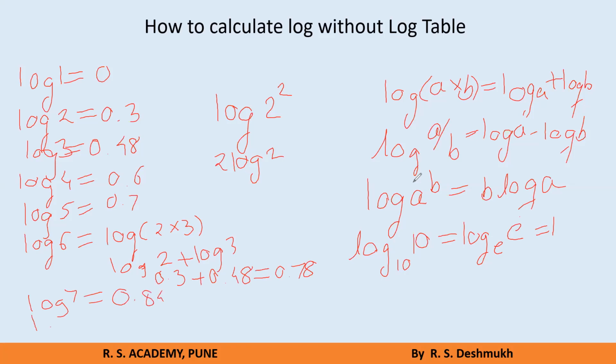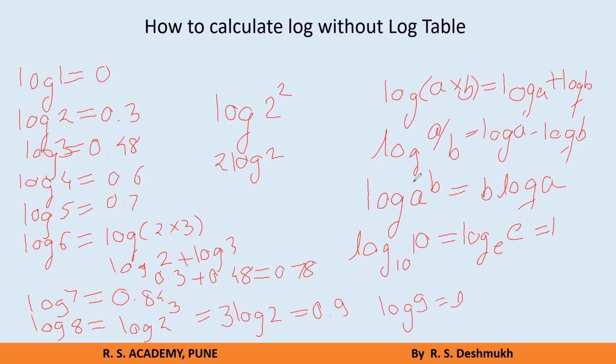Log 8. Now whenever we come to log 8, again the same thing, it is log 2 to the power 3, that is nothing but 3 log 2. So that means 3 into log 2, that is 0.3 into 3. So that will automatically become 0.9. And next one is log 9.